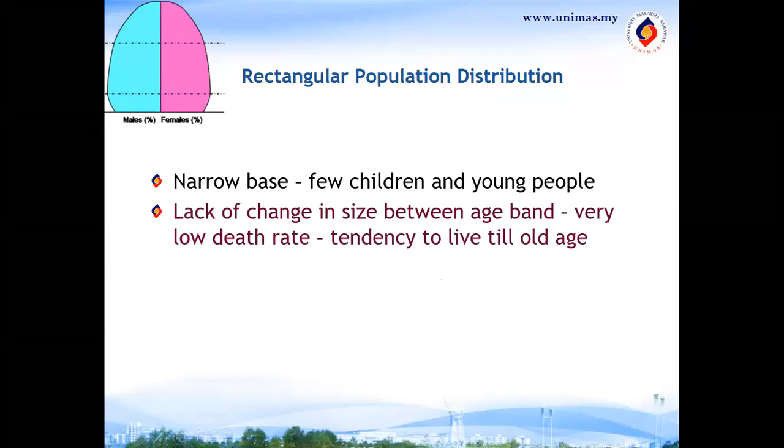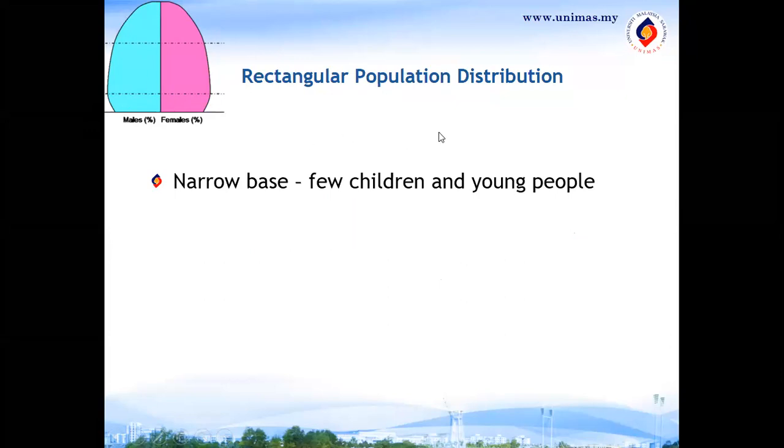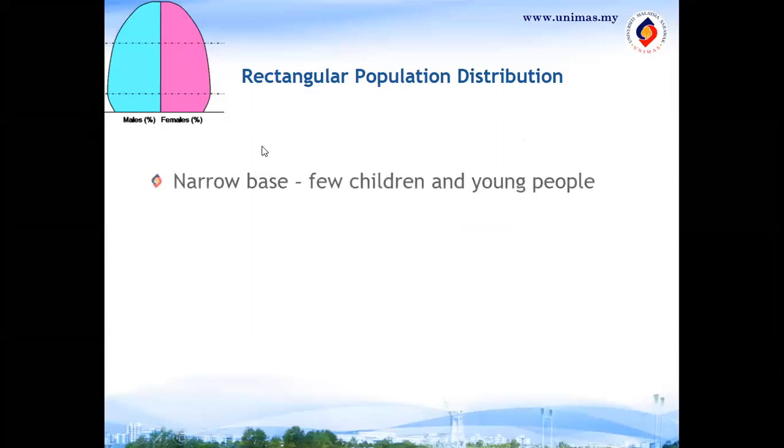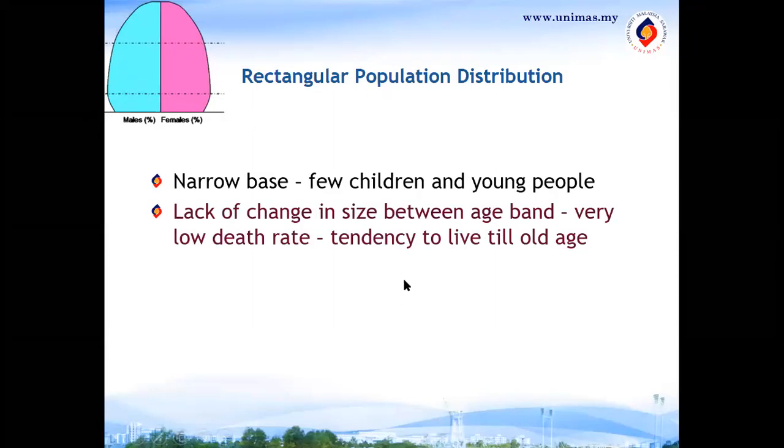Maknanya kalau tadi the shape dalam triangle, on this side this is a drastic change in terms of the size from one age band to another, but in this one the lack of change in size between the age bands indicates that the death rate is very low.